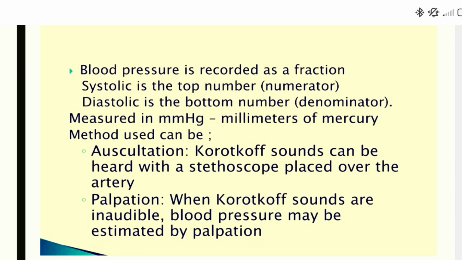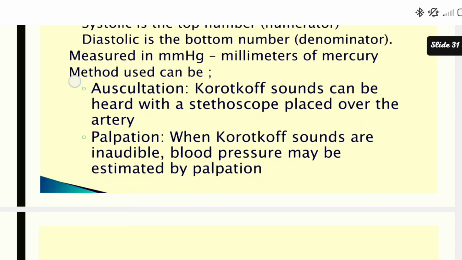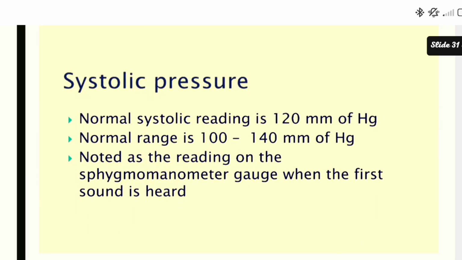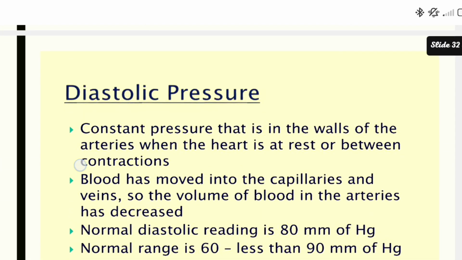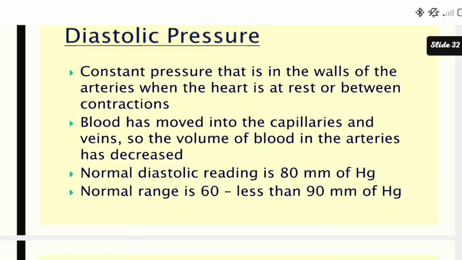So if any patient has a blood pressure value of 120 by 80, it means 120 is the systolic pressure and 80 is the diastolic pressure, right? The normal range of systolic pressure is between 100 to 140, okay, and for diastolic it is 60 to 90, but not less than 60, keep in your mind, okay.